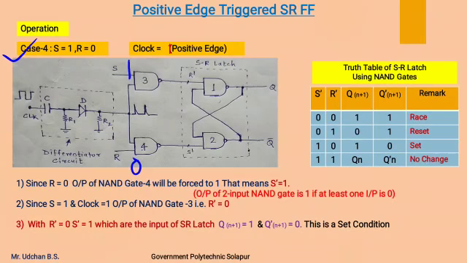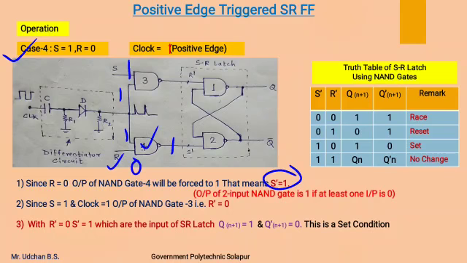Next we will see another case in which now S is 1 and R is 0. Again the clock is a positive edge, which can be considered as a logic 1 level. So another input to NAND gate 3 will be 1 and to NAND gate 4 will be 1. So now as R is 0, the output of NAND gate 4 will be forced to 1. That means S dash will become 1.